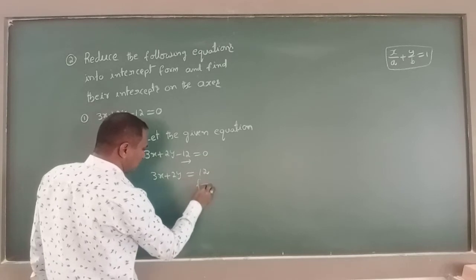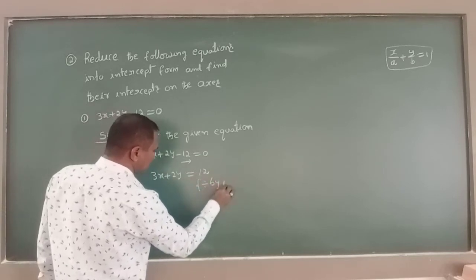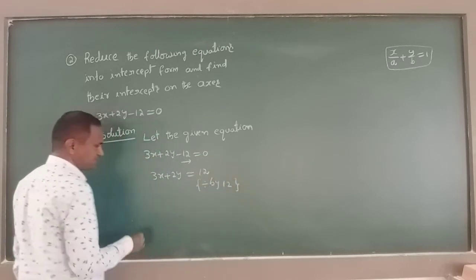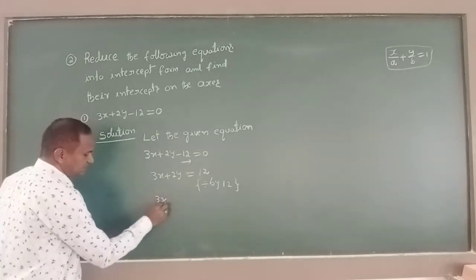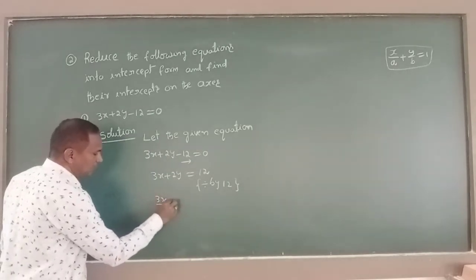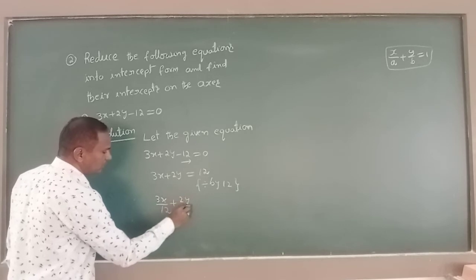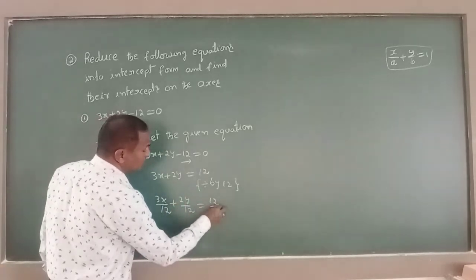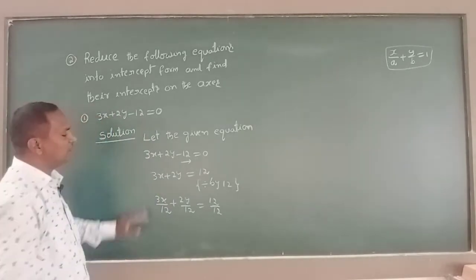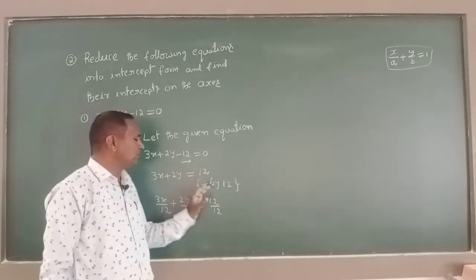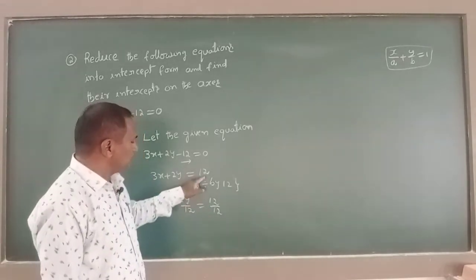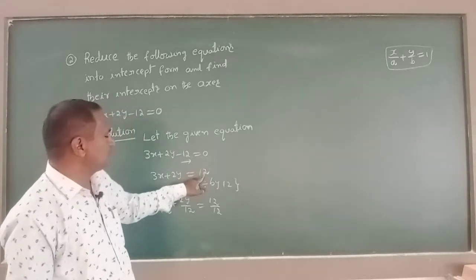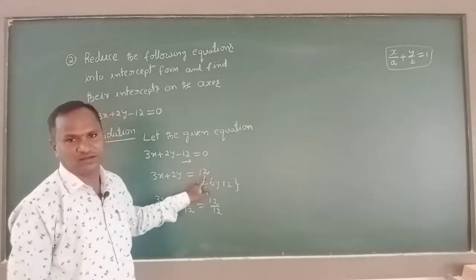Dividing throughout the equation by 12, that is 3x by 12 plus 2y whole divided by 12 is equal to 12 whole divided by 12. Why are we dividing the whole equation by 12? We should get 1 in place of 12.